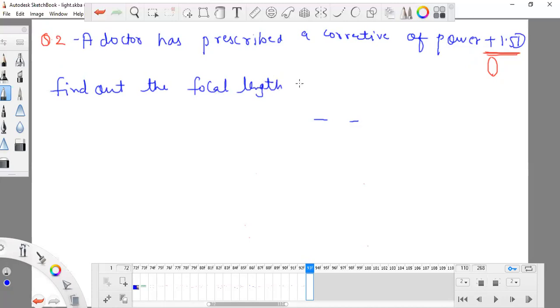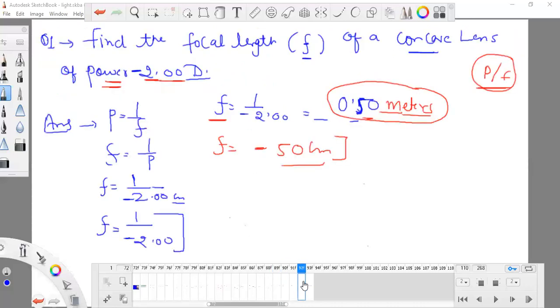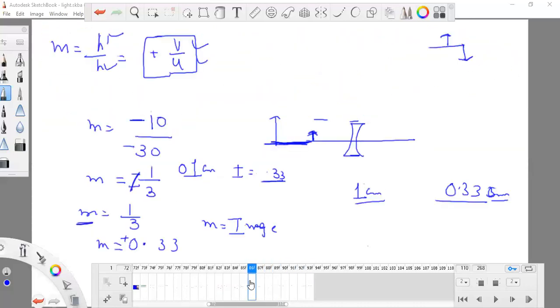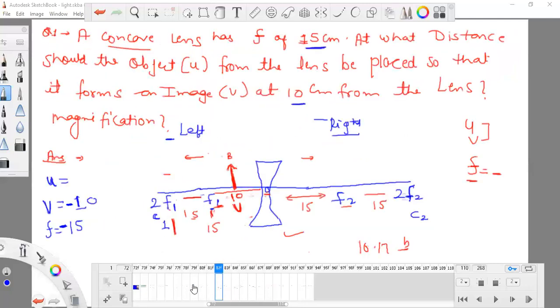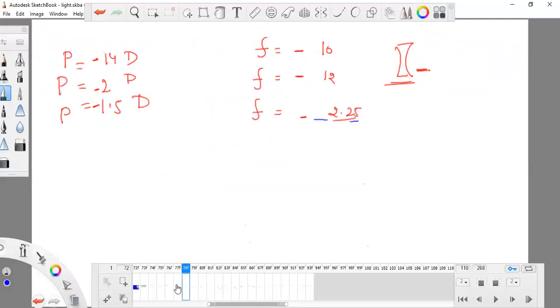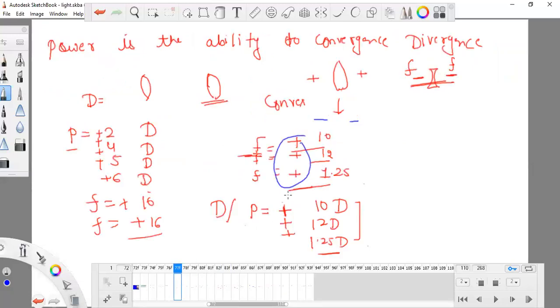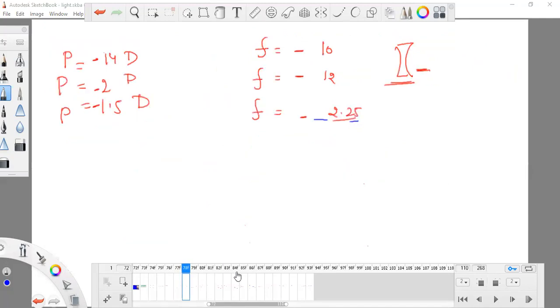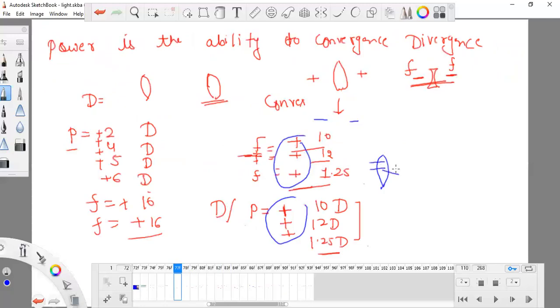It is asking what type of lens this is. So if the power comes with a positive sign, I told you that power and focal length are positive for this. If everything comes with positive power and focal length, that means we are talking about a convex lens, and this is a converging lens. We know that it converges light rays to one point.